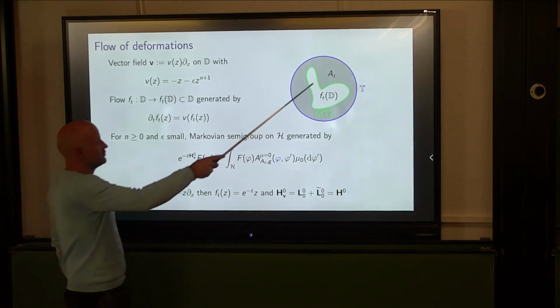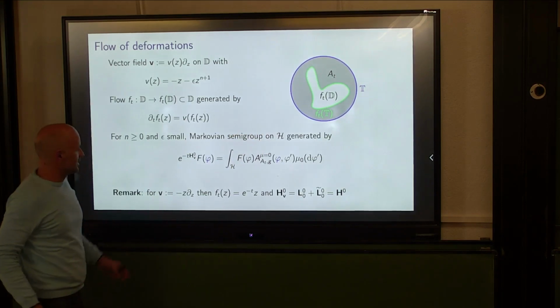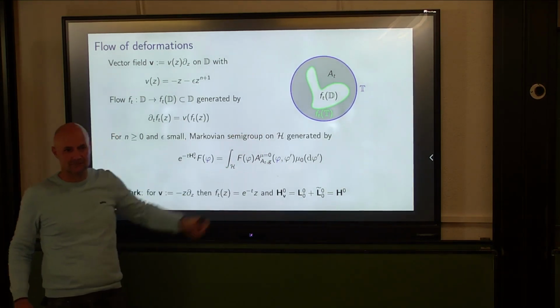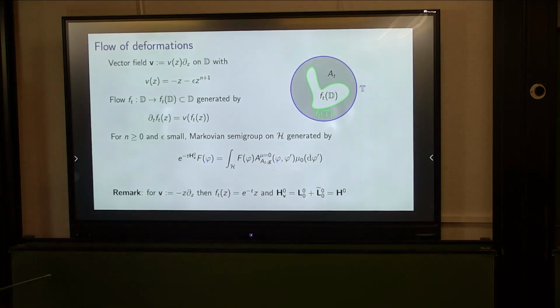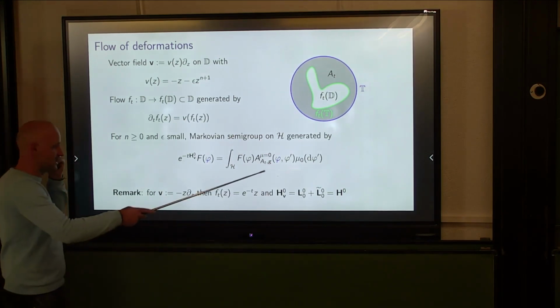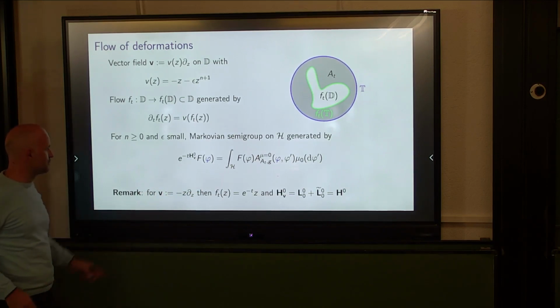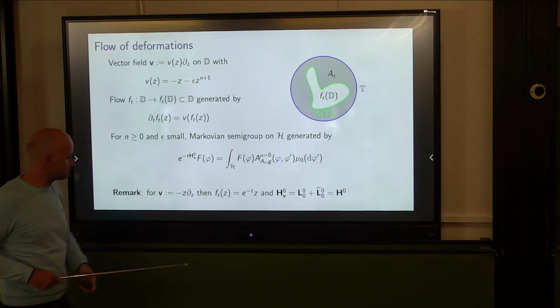You still have an amplitude in the gray area, and you can still define an integral operator with this amplitude. Okay. It turns out that, again, you have a probabilistic description of these guys. It's a semigroup, and the generator of the semigroup, I call it H0 of V.